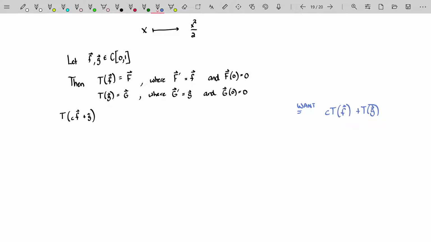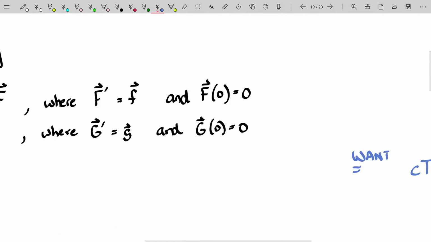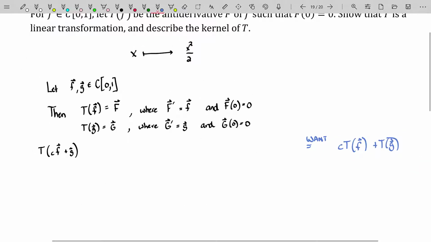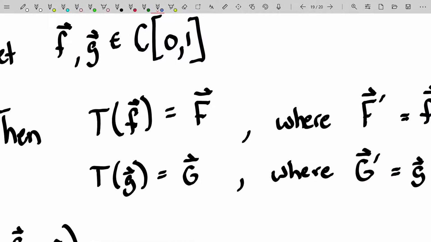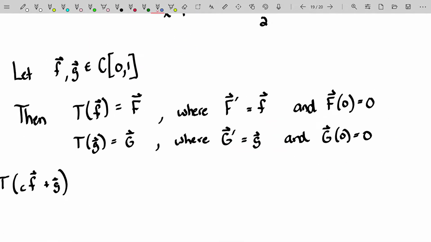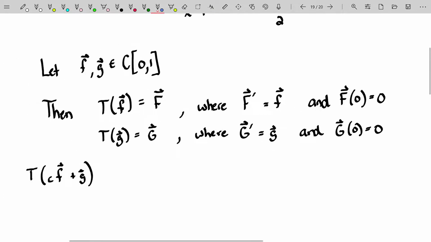And we require that in the end, when we plug 0 into those, the output be 0. That is, we're going to assume that T of f is capital F, T of little g is capital G, and capital F at 0 is 0, and capital G at 0 is 0. Those are our assumptions.